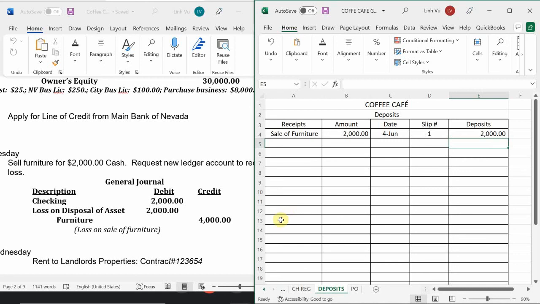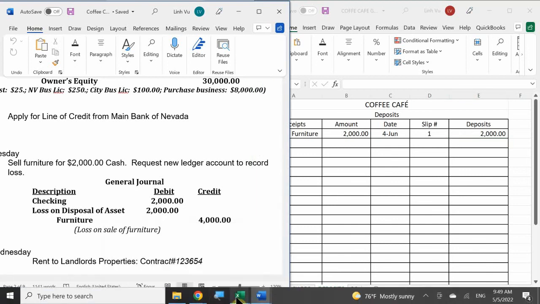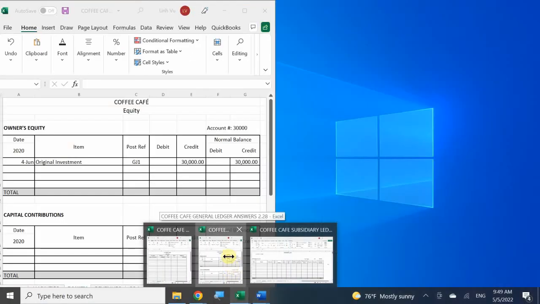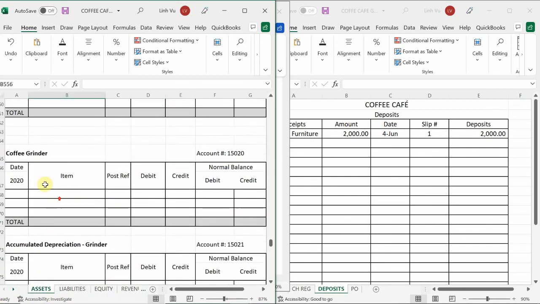So now I actually have the money in my checking account. So then now I can go ahead and update my ledger accounts accordingly because I increased some money in my checking account and I decrease my furniture, and I end up taking a loss.